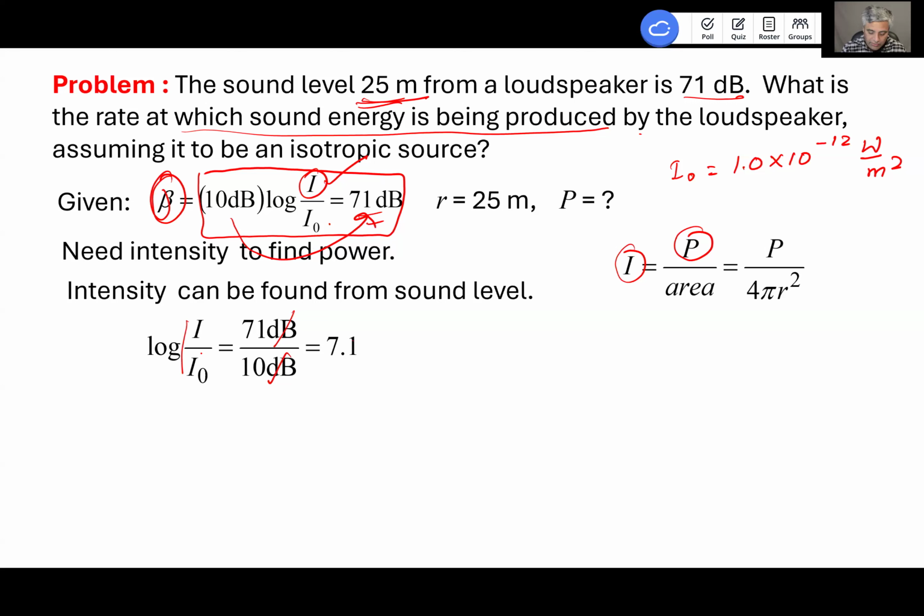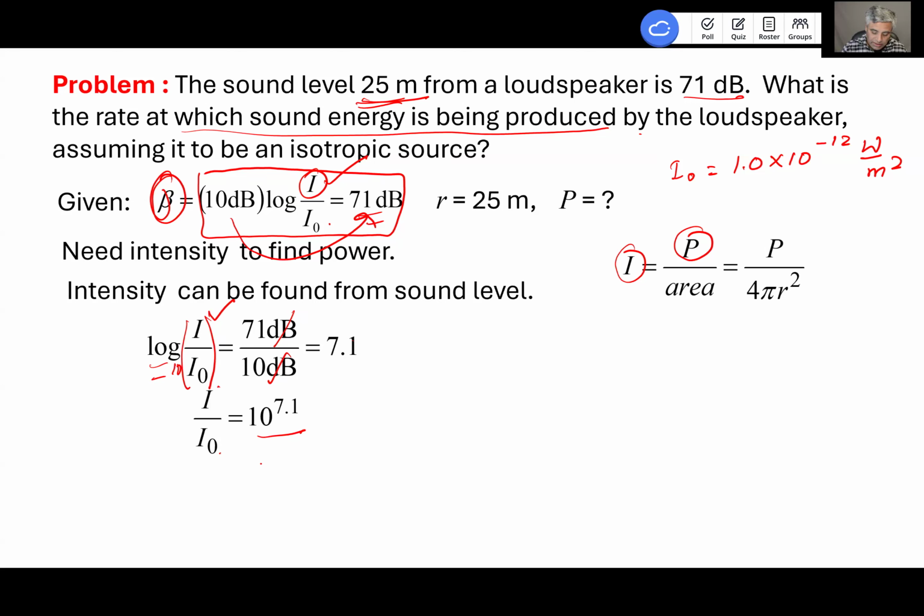Okay. So now we have to find intensity here. And log is over there, so we need to get rid of that log. To get rid of log, and this has a base 10, that means we can write this I over I0 as something like this, okay? This is just a little bit of log mathematics. It comes from the definition of log.